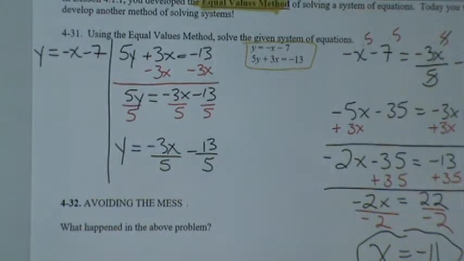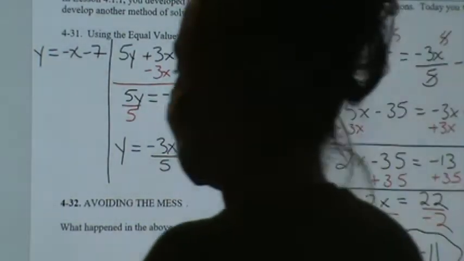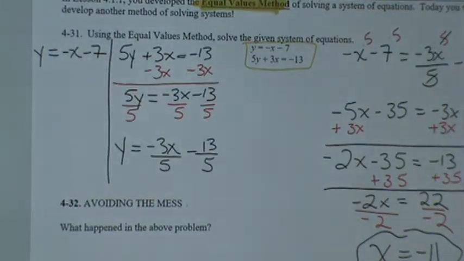Once you have your x, see if you can go back and find your y. What would your y be? You get to pick any equation to find y. Which one would be the best equation to find your y? I agree, Sage. I would definitely put it into that first one.